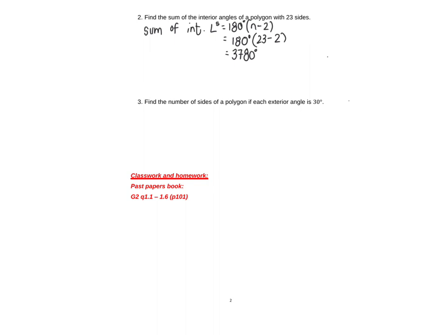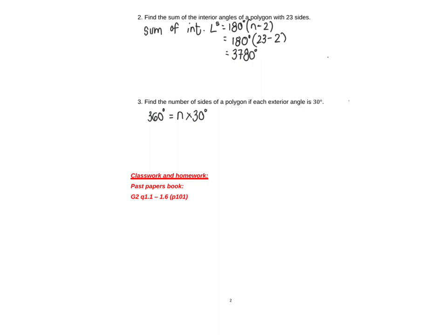Number 3, you need to find the number of sides of a polygon when each exterior angle is 30 degrees. Since we know that all of our exterior angles together is 360 degrees, irrelevant of how many sides or angles it has, we can use that. So 360 degrees is the sum of all exterior angles, and whatever number of sides it has, so many sides times 30 degrees will give you the 360 degrees.